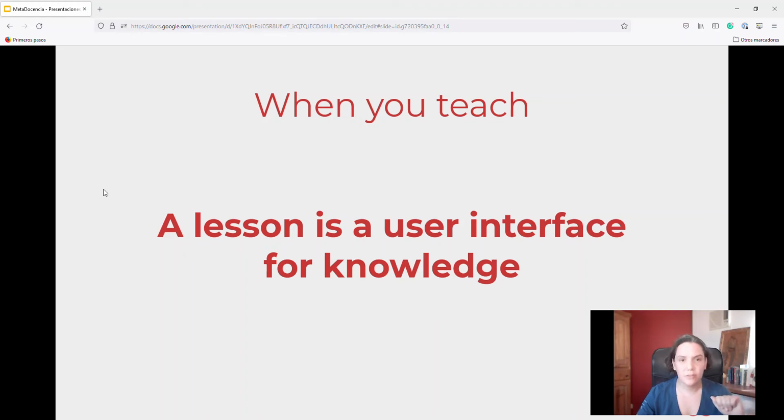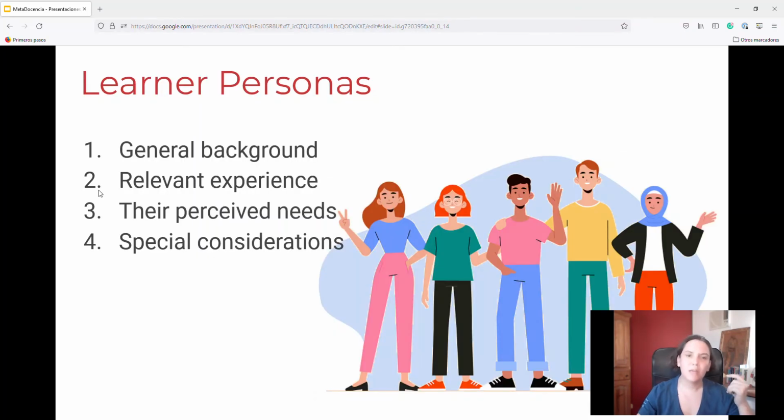Our second rule is that everything we know about building user interfaces applies directly to building lessons. We need multiple explanations because we have multiple learners. We can capture these differences by creating learner personas with four features: their general background, their relevant experience, their perceived needs, meaning why they need it, not why we think they need it, and their special considerations.